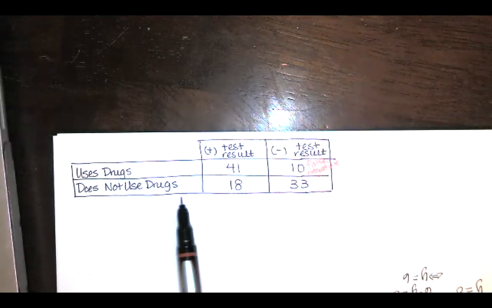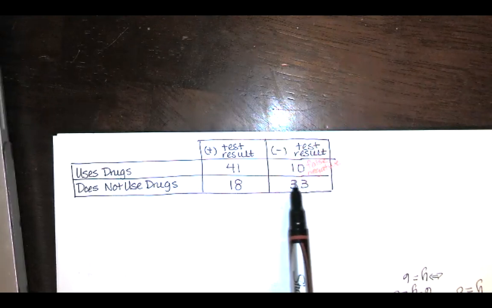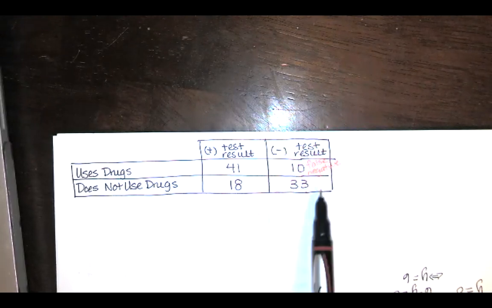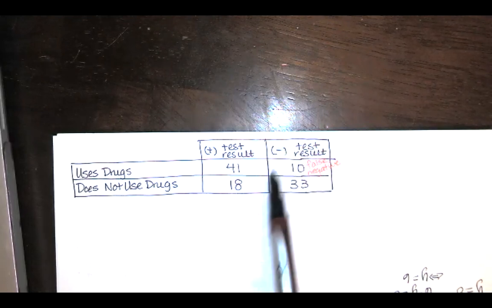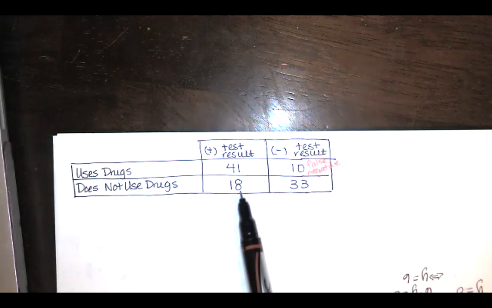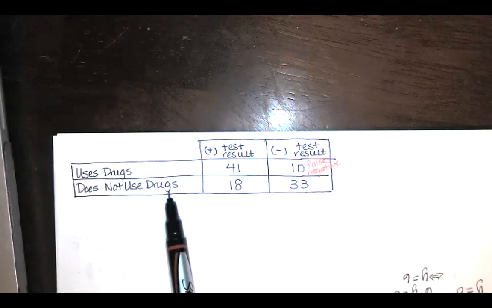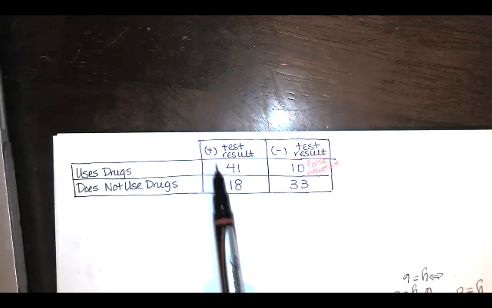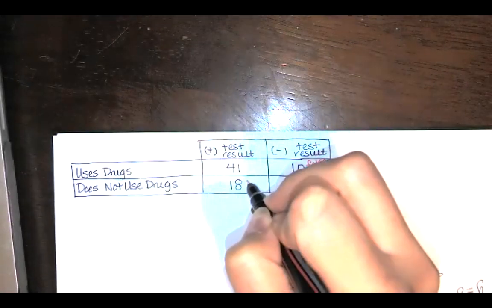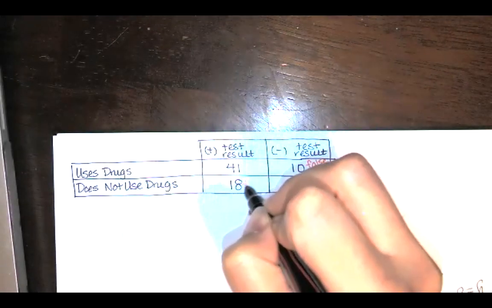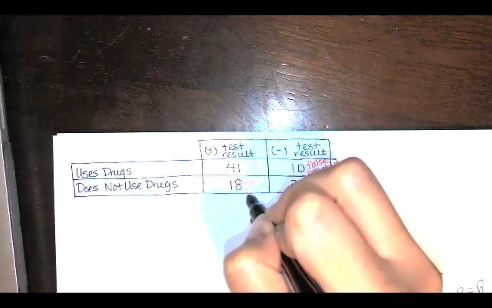Now there were 33 people in the sample that did not use drugs and got a negative test result. That's a true negative. They're negative because they didn't use drugs, and that's what the test showed. That's great. But then we've got these folks right here. These are folks that did not use drugs, but they got a positive test result. So these are positive test results, but they're false. So these are false positives.